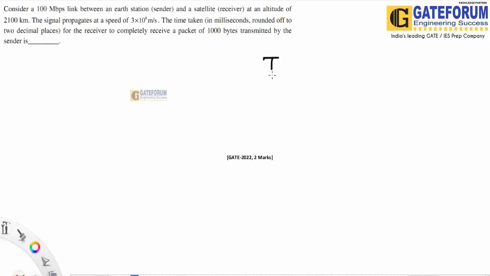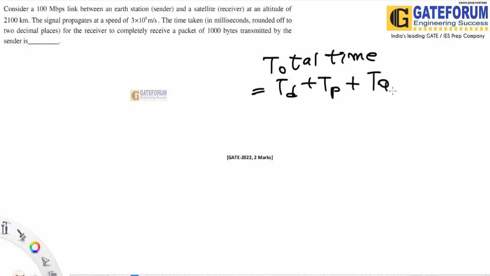So if you want to find the total time, it is ideally the sum of the transmission delay plus propagation delay plus queuing delay plus any intermediate delay. Intermediate is nothing but the processing, any particular intermediate device used for processing.